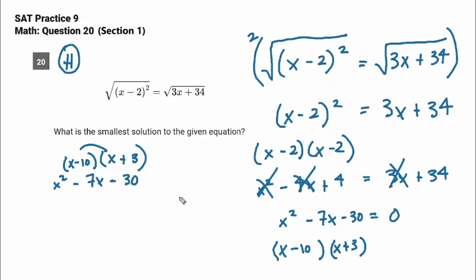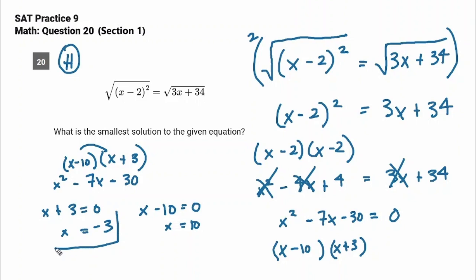Okay, cool. What's the smallest solution? Well, what's x minus 10 equals 0? x is 10. What's x plus 3 equals 0? x is negative 3. What's the smallest solution? It's negative 3.